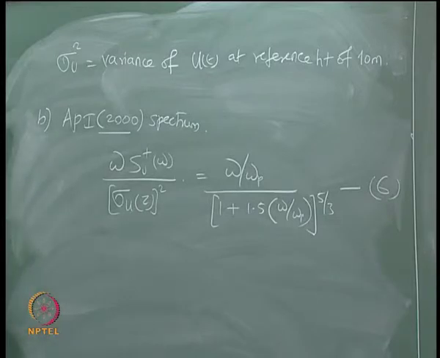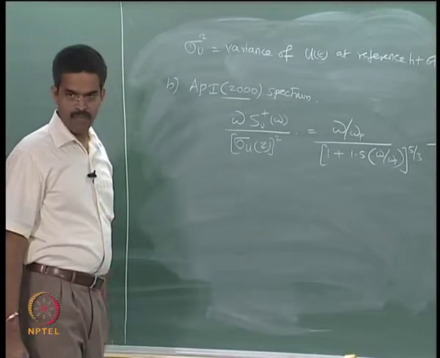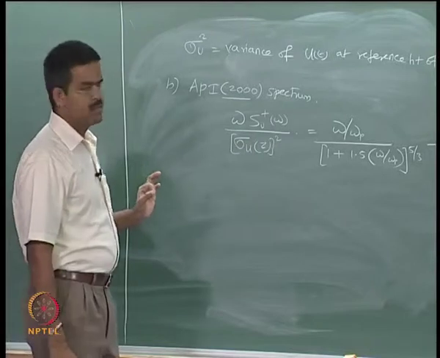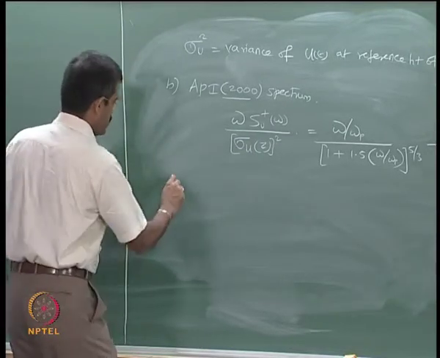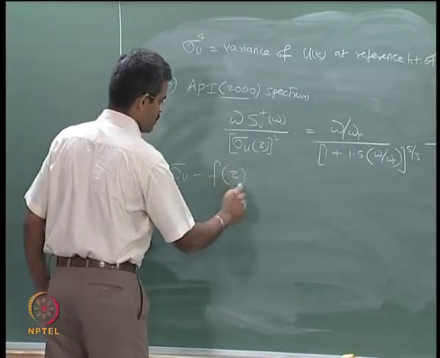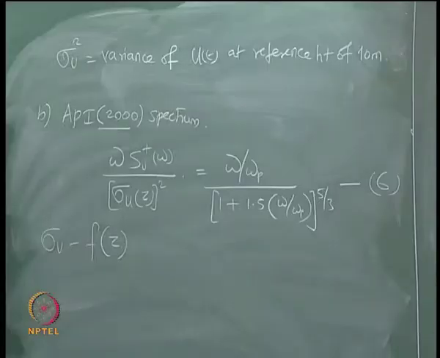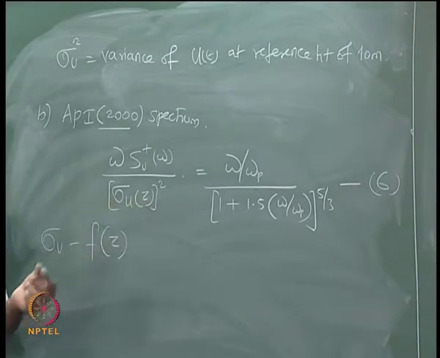Now, one may wonder what is the variation between the Kaimal spectrum and API spectrum. The major variation comes from the sigma u, which is now made a function of z. Whereas in Kaimal spectrum this was always taken at the reference level of 10 meters.